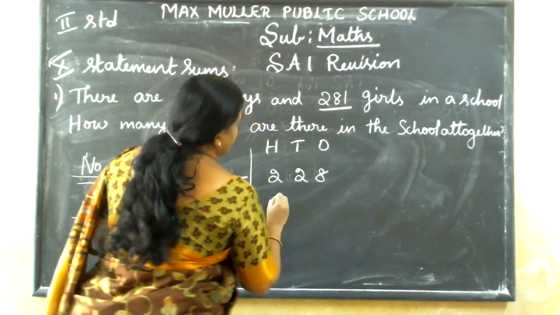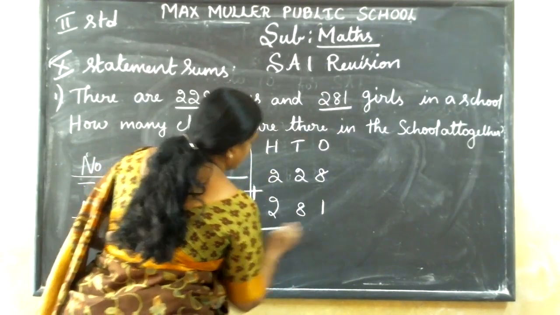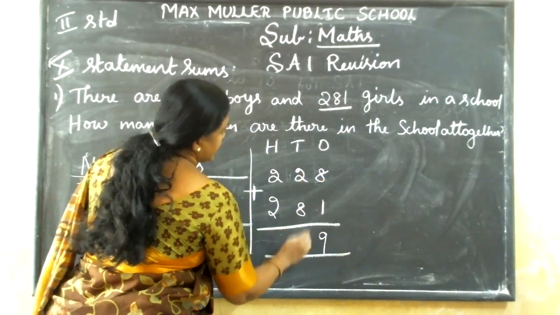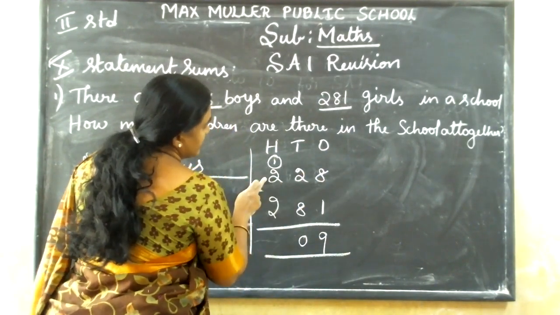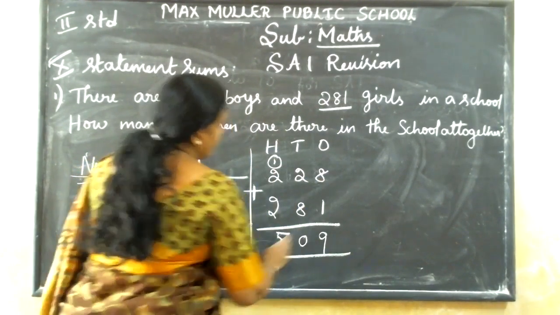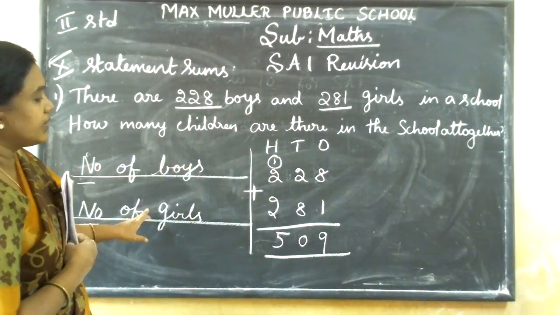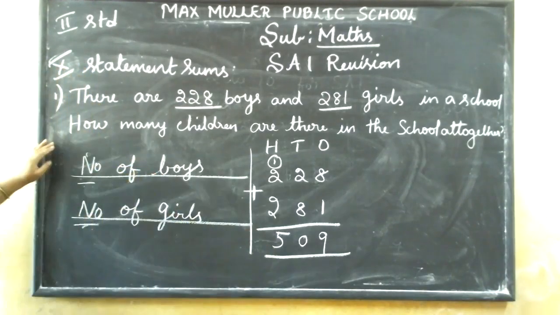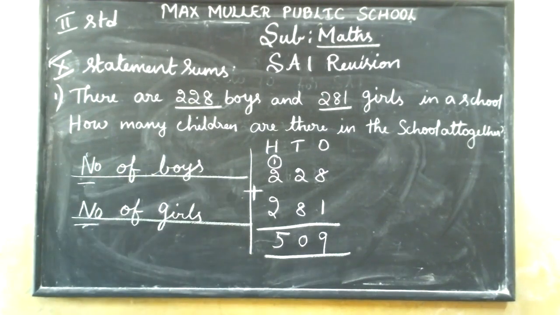Number of girls, 281. You want to add. See, 8 plus 1, 9. 2 plus 8, 10. 1 carry. 2 plus 1 plus 2, 5. 509 students. How many children are there in the school altogether? Means 509 students in the school. First statement sum. Finish it neatly. We'll go to second one.